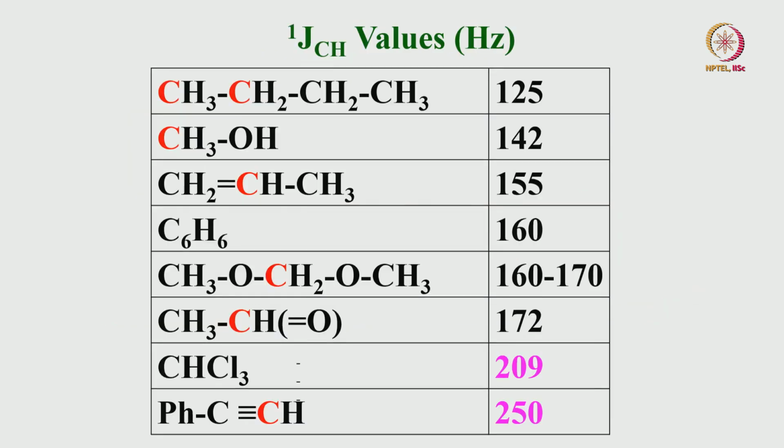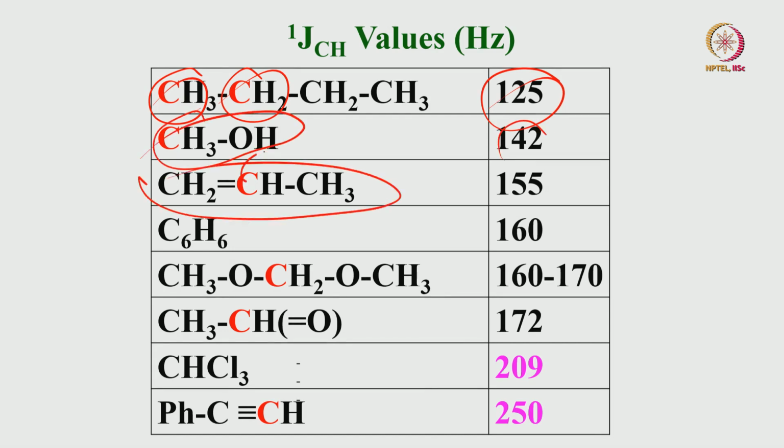And in a chain molecule, where an aliphatic group is present, the 1 bond carbon proton coupling for CH3 group, CH2 group is of the order of 125. For a molecule like CH3OH it is 142. If you have a group like this, 1 bond coupling between carbon and proton is 155. Wherever I have highlighted, it is that carbon coupled to its attached proton. For example, in this molecule, this CH2 coupling is 160 to 170 hertz.